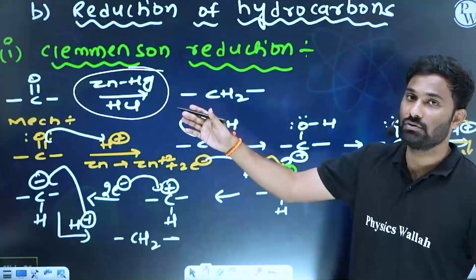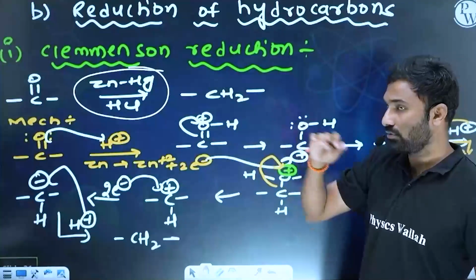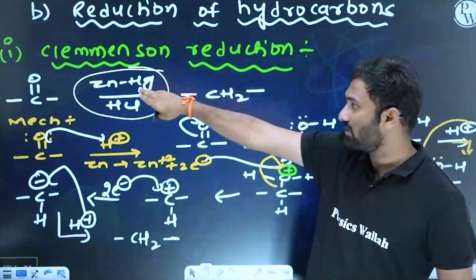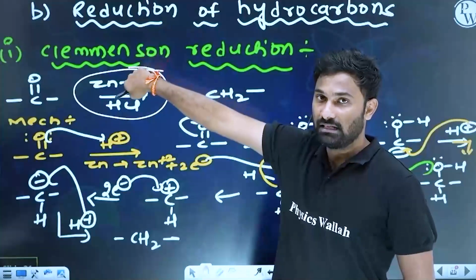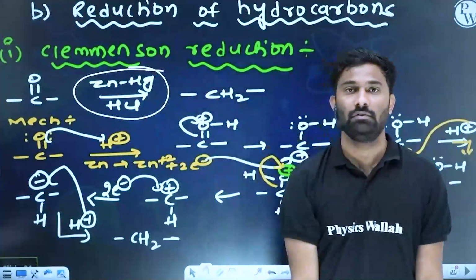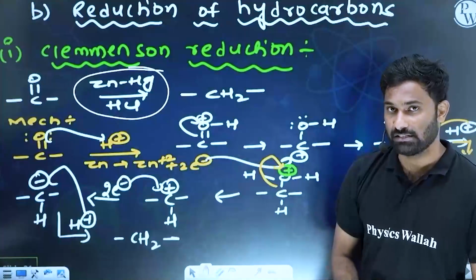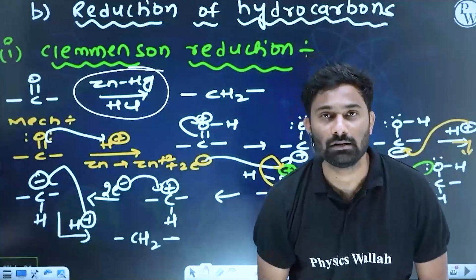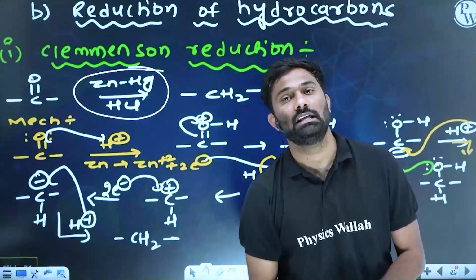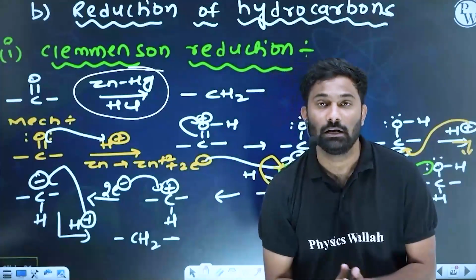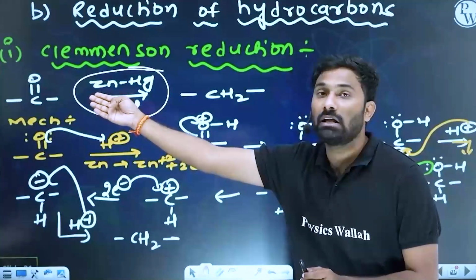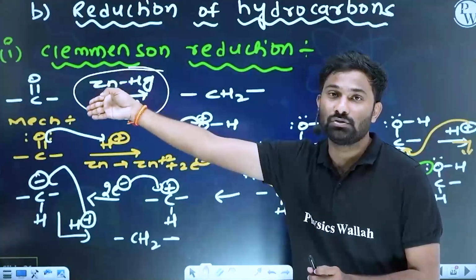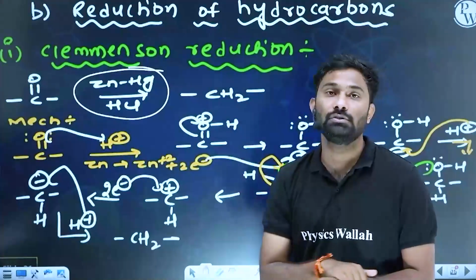Carbonyl group is reduced to the alkane in the presence of zinc Hg and acid. This is very very important. Clemmensen reduction and Wolff-Kishner reduction, they are repeatedly asked. Here carbonyl group is reduced to the alkane.